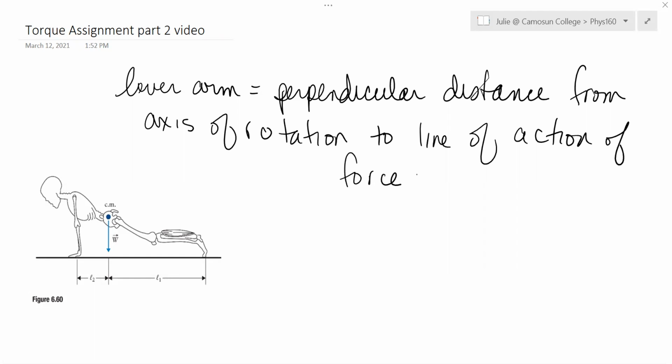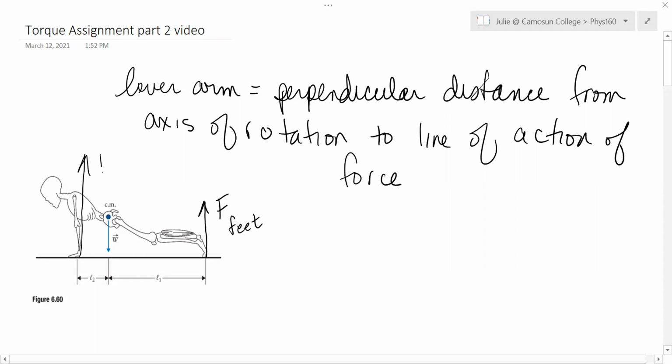Okay, so this first question, I think you've seen this diagram before, and you were told the force on either the feet or the hands and asked for the other one by simply using equilibrium of forces. So in this case, you're not told either the feet or the hands. So there's the force from the feet. There's the force from the hands.